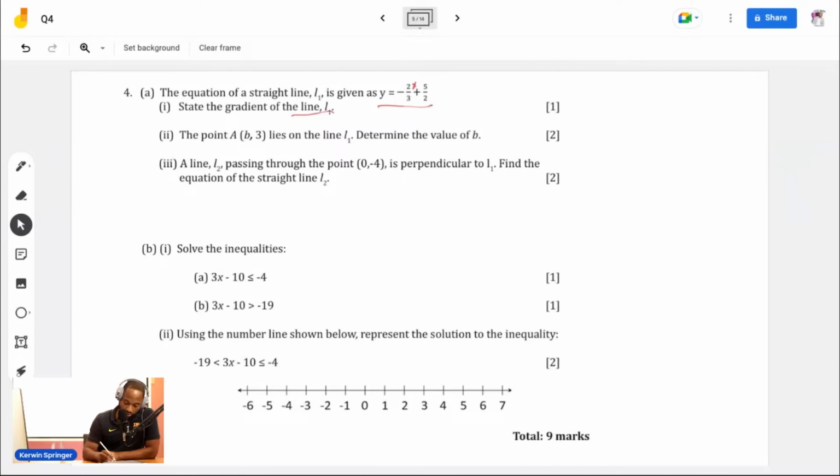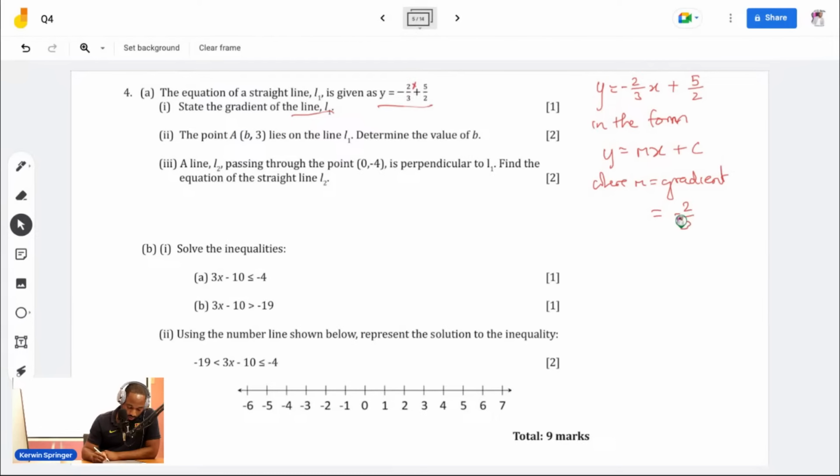The equation of a straight line is y is equal to negative 2/3 x plus 5/2. State the gradient. So it's in the form y is equal to mx plus c, where m is the gradient, and in this case it's equal to negative 2/3.